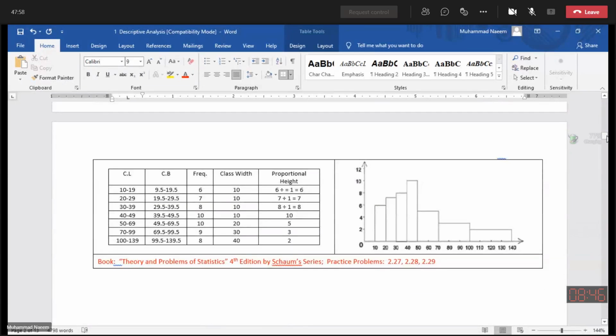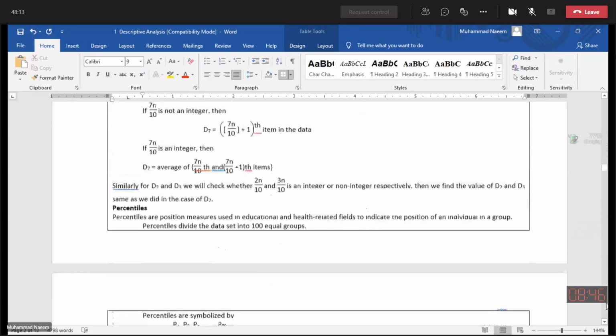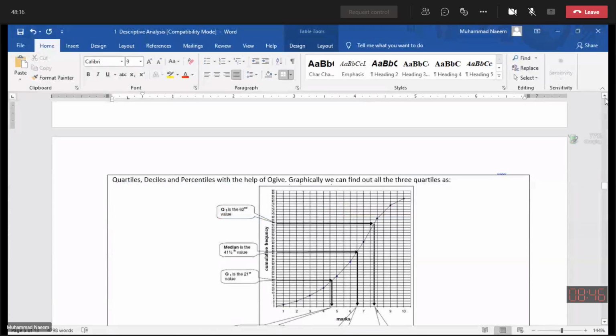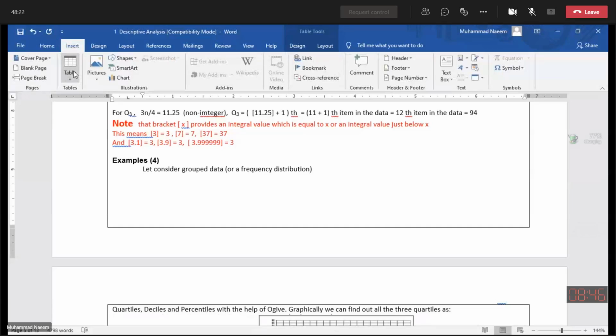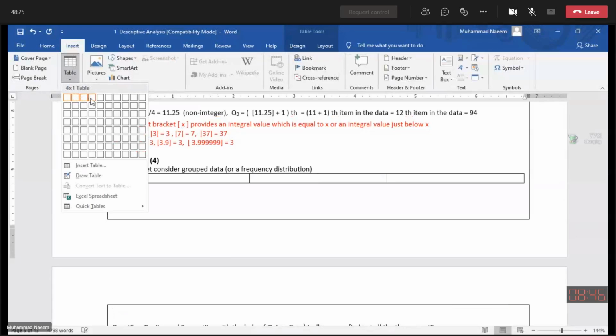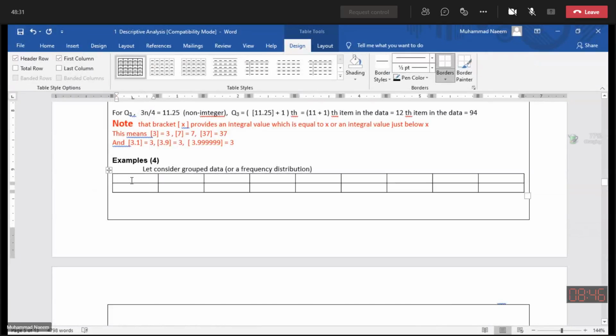So we have certain classes and a frequency.